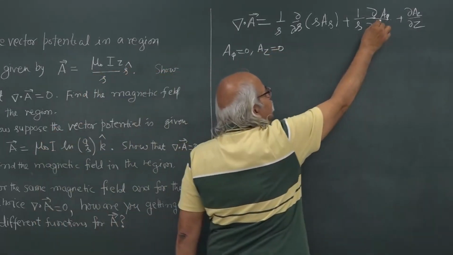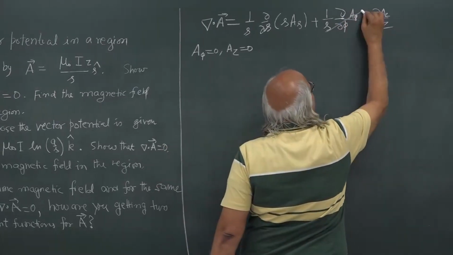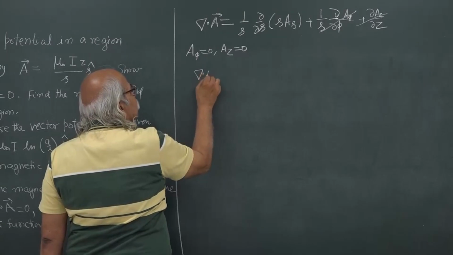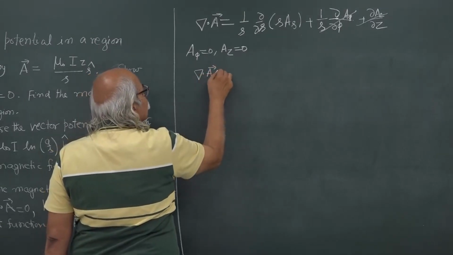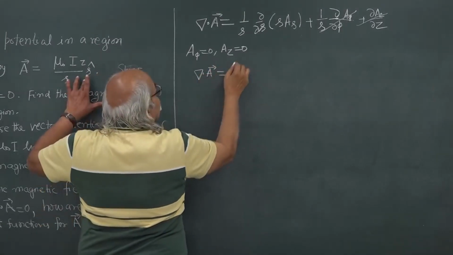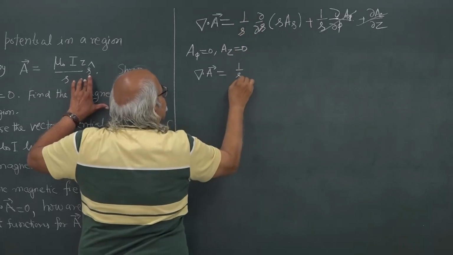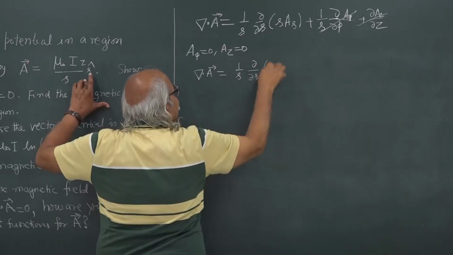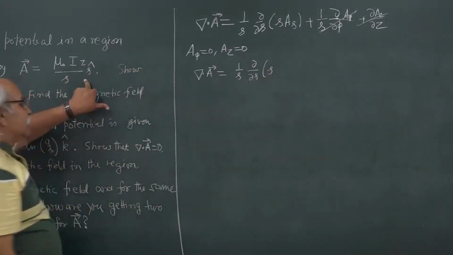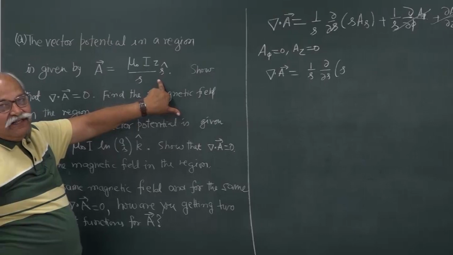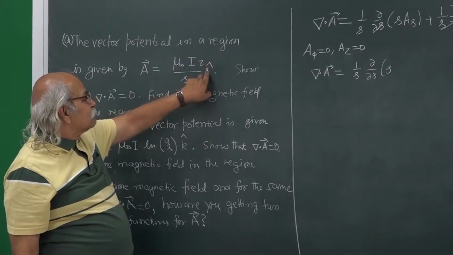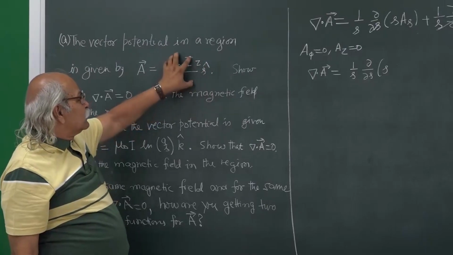So, this term is not there, this term is not there, you only have this, and this is divergence of A is equal to 1 by S, del S of S times A_S. A_S is the S component of A. That means the quantity which is before this S cap, this is the S component.